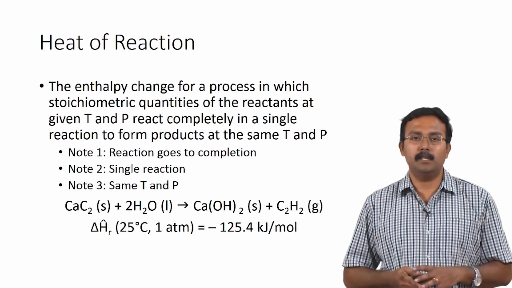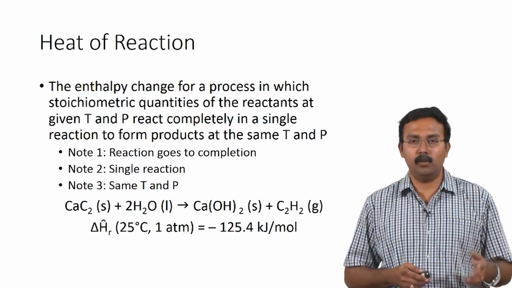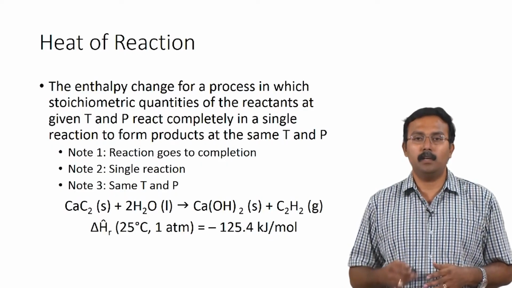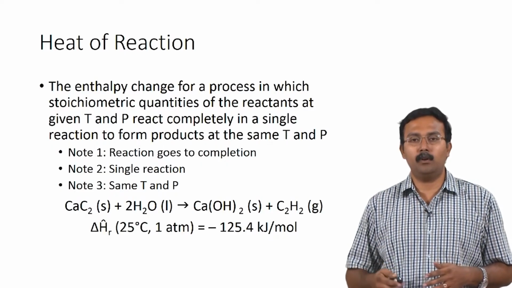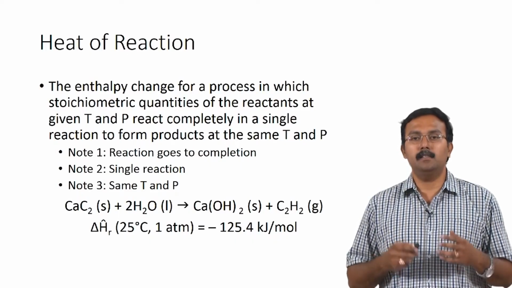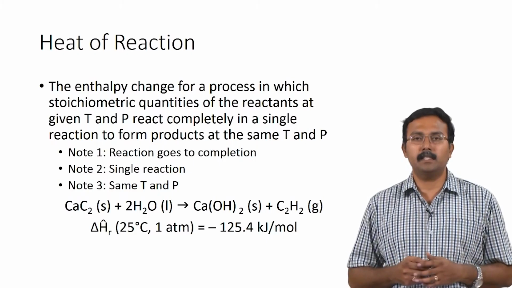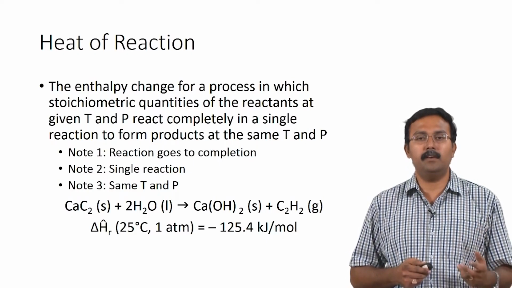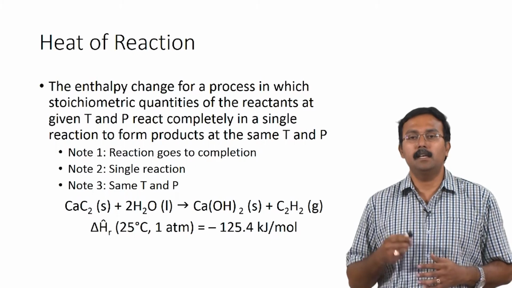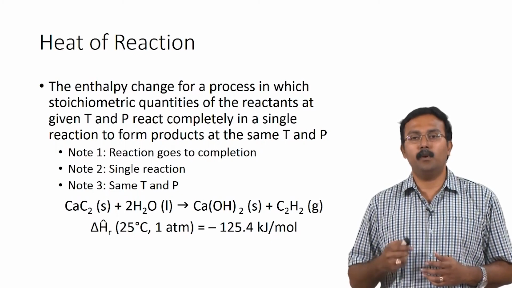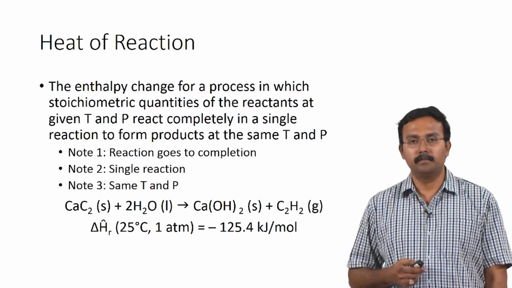Let us look at this equation. We have calcium carbide solid reacting with water liquid to form calcium hydroxide solid and C2H2 gas, acetylene gas, and the heat of reaction for this is given at 25 degrees Celsius and 1 atmosphere as minus 125.4 kilojoules per mole.